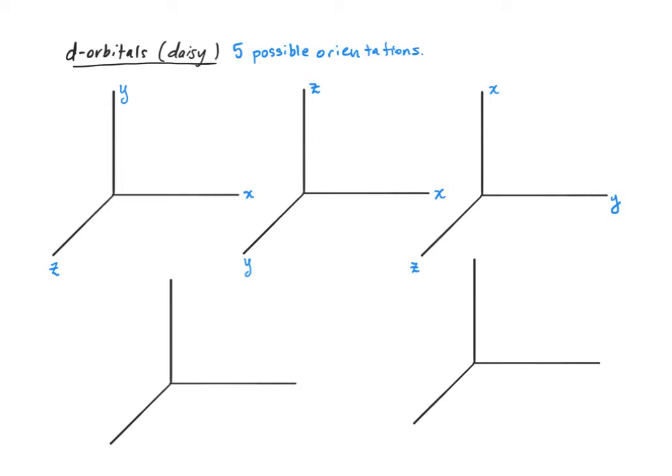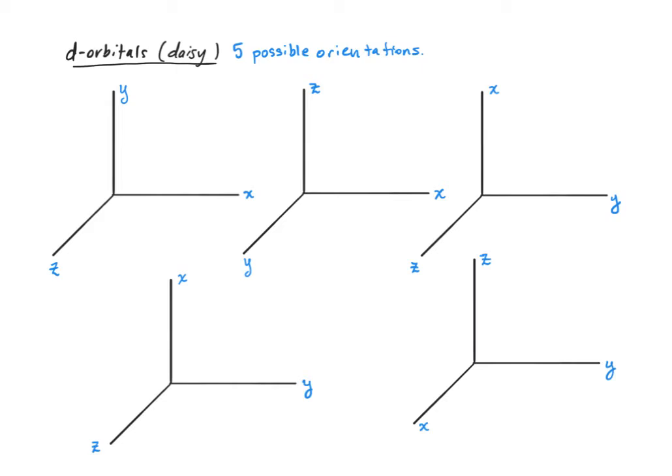Next, I'm going to have the same configuration as before. Y over here, x up top, z coming out of the screen towards you. And for the last, we'll have x coming out of the screen towards you, y over to the right, and z up top. These are just different ways that we can orient our Cartesian axes in space to depict differences in how these d orbitals themselves are oriented.